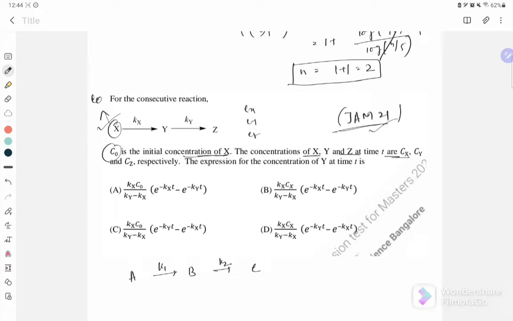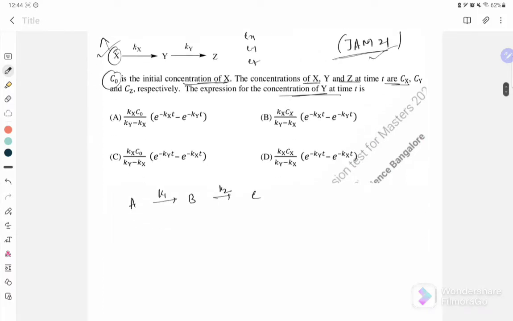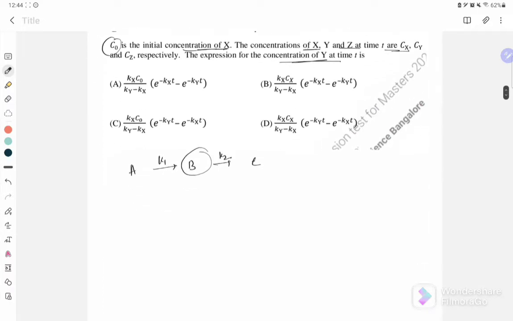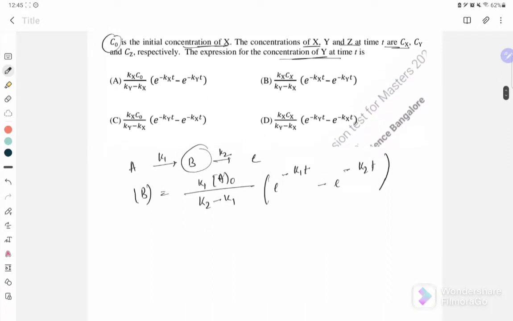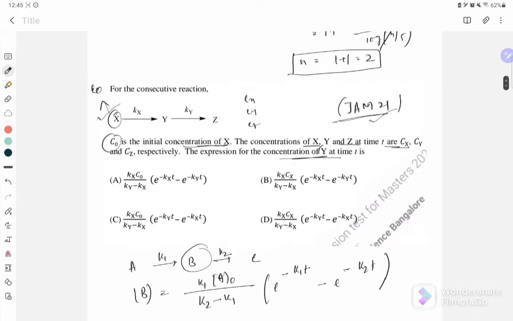The concentration of the intermediate is K1 A0 by K2 minus K1 into e to the power minus K1t minus e to the power minus K2t. We just relate this equation; here it is Y, so you just need the expression of Y.